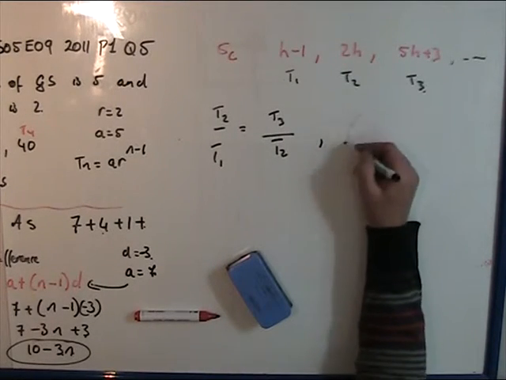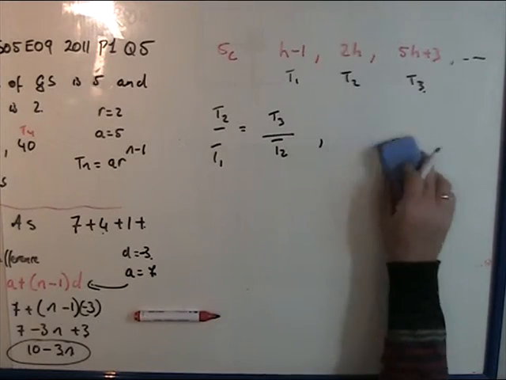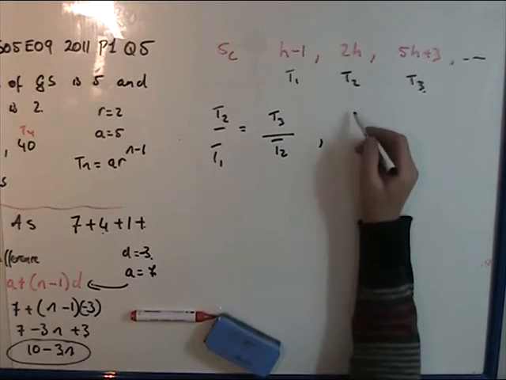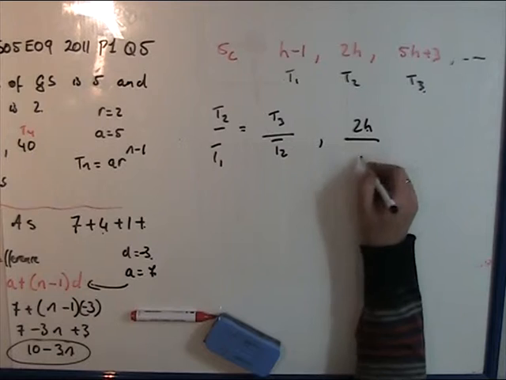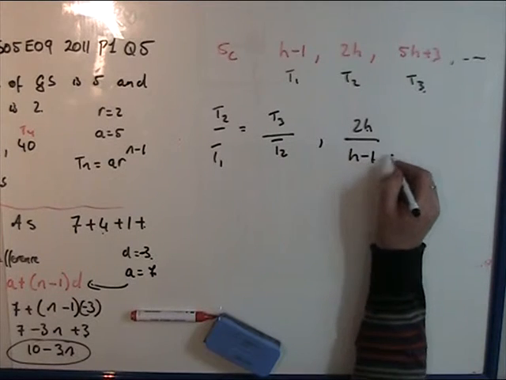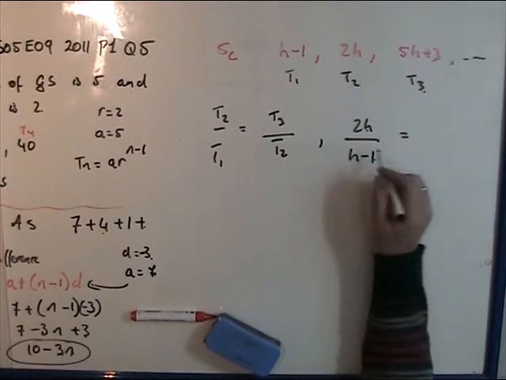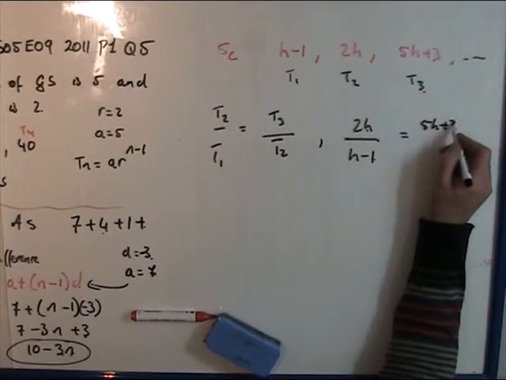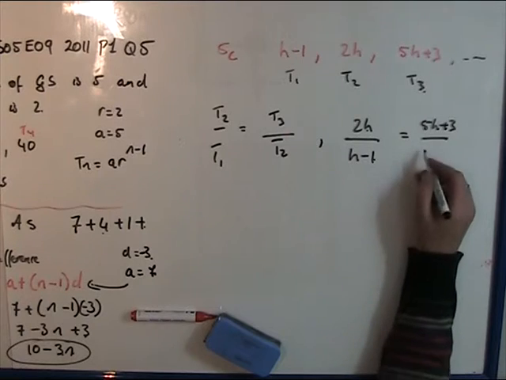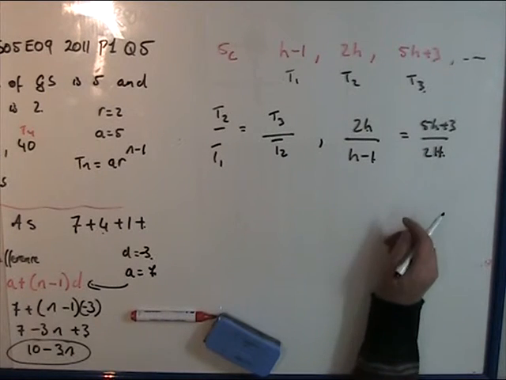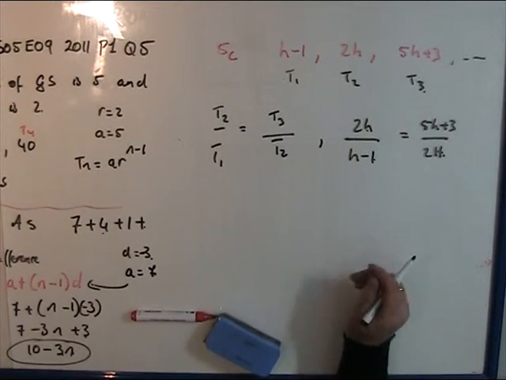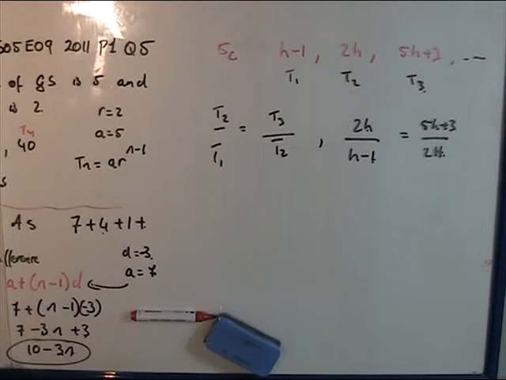We had this before in the triangle, do you remember? So T2 is 2h over T1, which is h minus 1, is equal to T3, which is 5h plus 3, over T2, which is 2h. Let's check that. That looks okay, right?